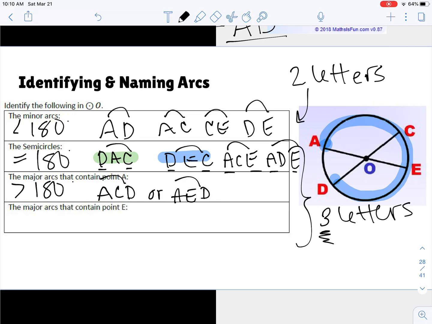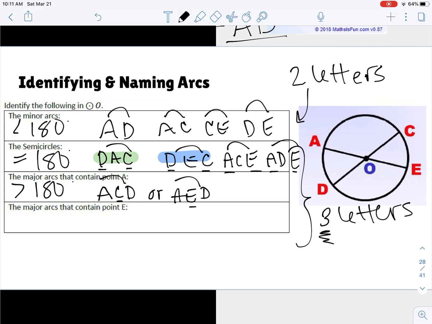We don't use four letters. We know that the endpoints are A and D, and we know that it passes through point C and passes through point E. Okay, if you read the first one, the endpoints are A to D, and it passes through C, it has to pass through E to get to D. So these are naming the same exact arc. It doesn't matter which one you choose. There's several other major arcs with point A. I'm going to move on.